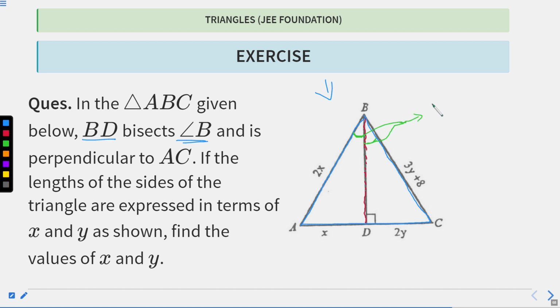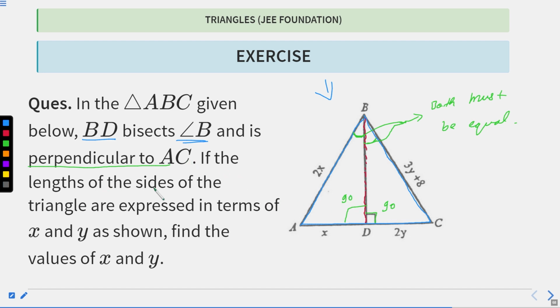And BD is perpendicular to AC, so BD both bisects the angle and is perpendicular. That means this angle is 90 degrees and this is also 90 degrees.